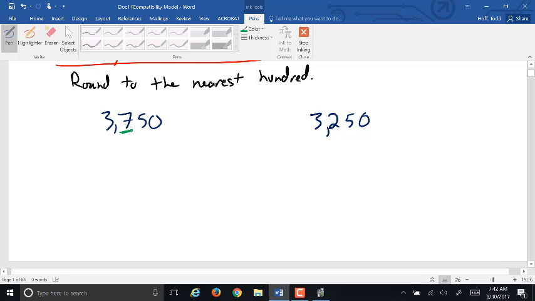So this is my hundreds digit, 7. I look and that next digit's a 5. Now again, if there's other information after it, we would just round it up. This only applies if we look at that digit, it's a 5, and everything else after it is all zeros.